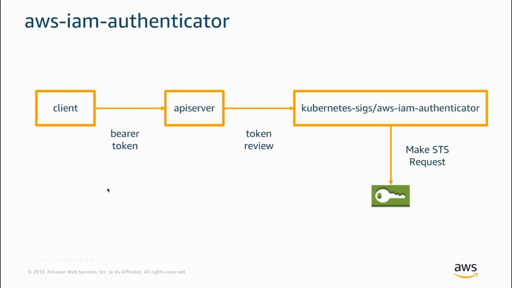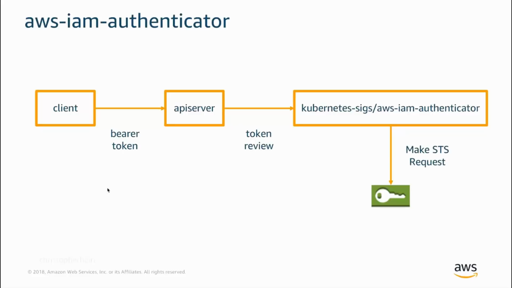So this is how the full flow looks. When a client makes a request, it calls the local AWS IAM Authenticator binary to generate the token. Once the token is generated, it adds that as the bearer token header and makes the request to the API server.